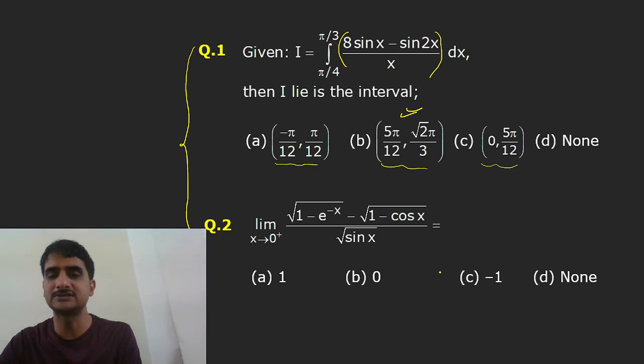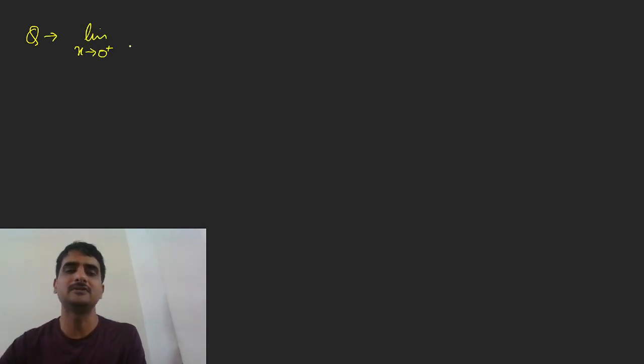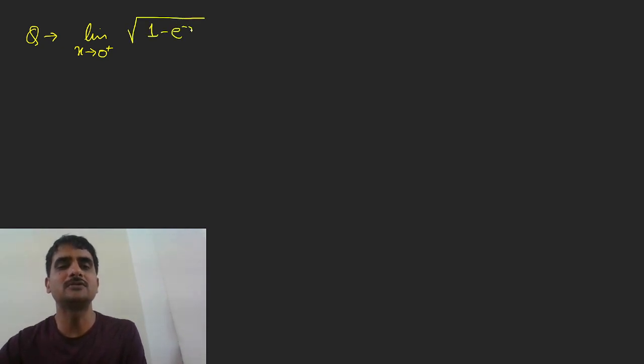Now let's move to the next one. Next one is a limit. See, I got it as a doubt today itself, so I thought to put it in front of you. It's not a difficult one, but my simple approach was, if I have to solve this limit, I couldn't think of anything else while solving it as a doubt.